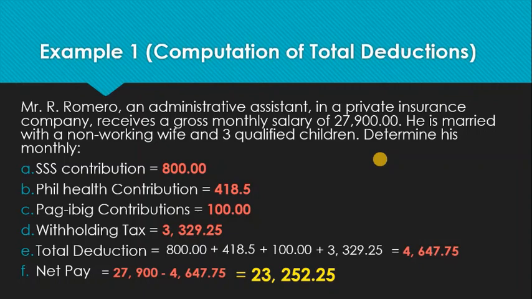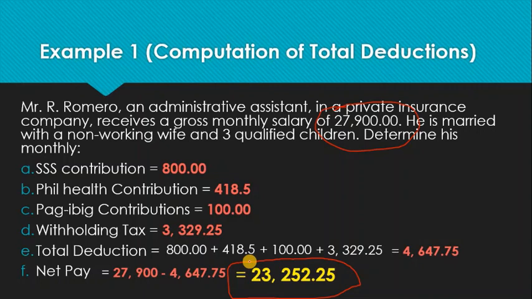Mr. Romero will take home this amount from 27,900. For the job rendered, Mr. Romero is only entitled to bring home 23,252 after the series of deductions.